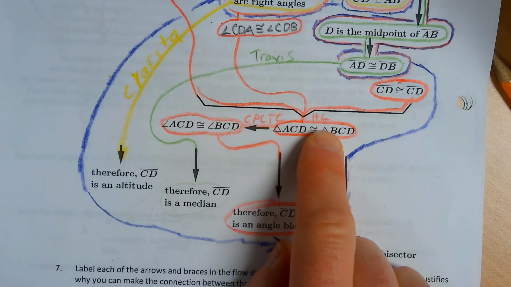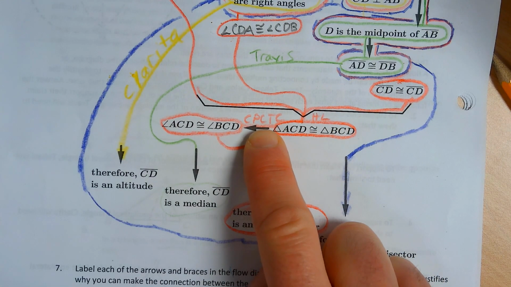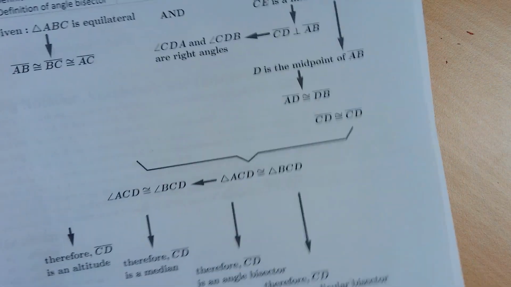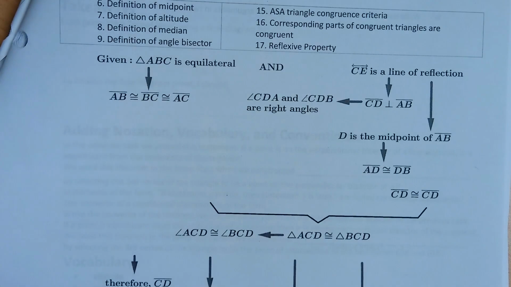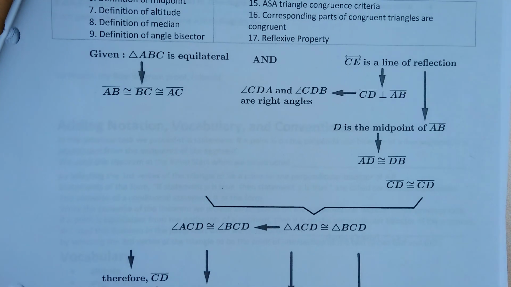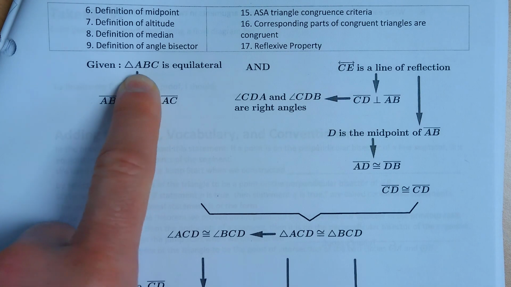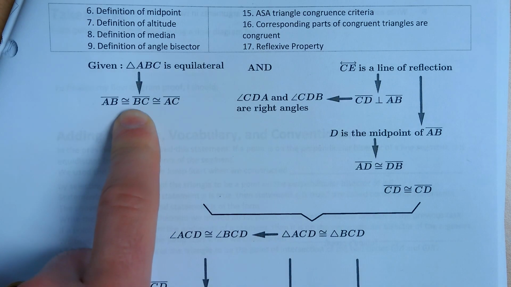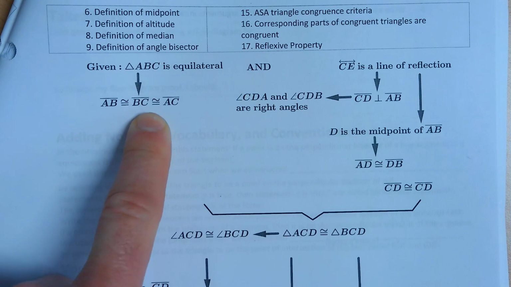Now, these little labels I put right here are a little clue for what we need to do next, which is work on adding justifications to each one of these steps in the flow diagram. Because right now we just have the flow of ideas, we don't have why. Like, if you know that ABC is an equilateral triangle, can you then just suddenly state that the sides are congruent?